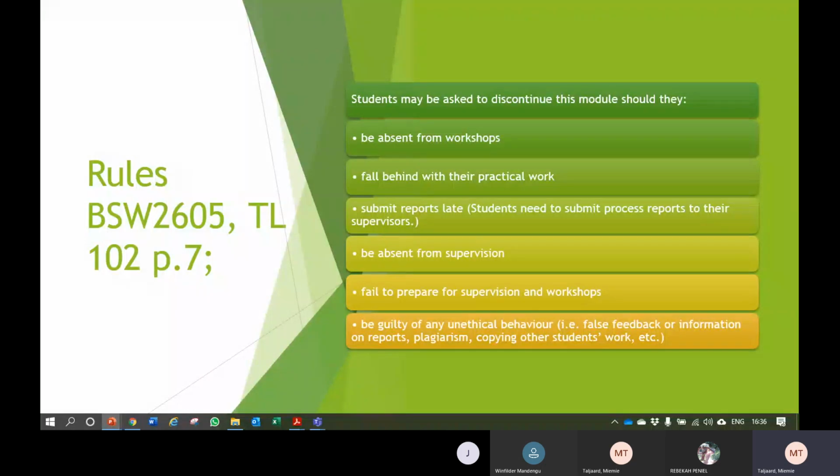Many of you are working full-time, or you anyway have full-time commitments. So you can't decide on the spur of the moment not to do your practical, because you won't always be able to catch up on that practical before your report is due.